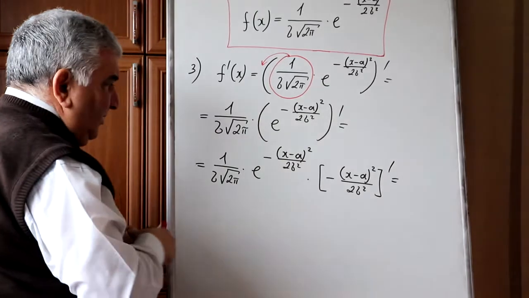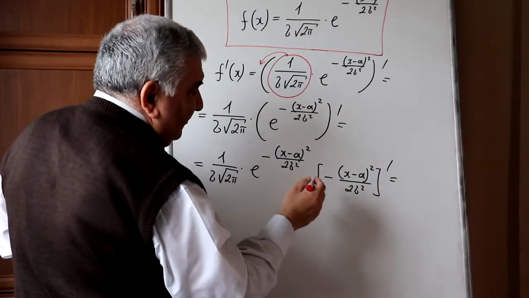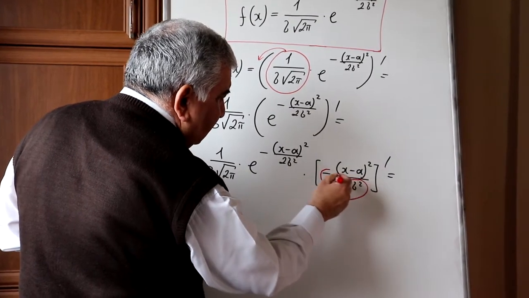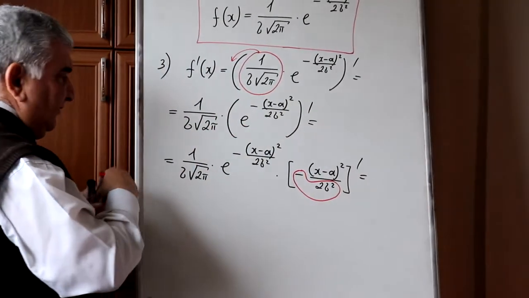Then further we can take minus 1 over 2 sigma squared out of the derivative symbol.